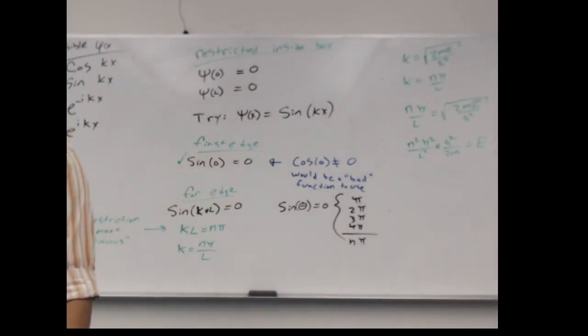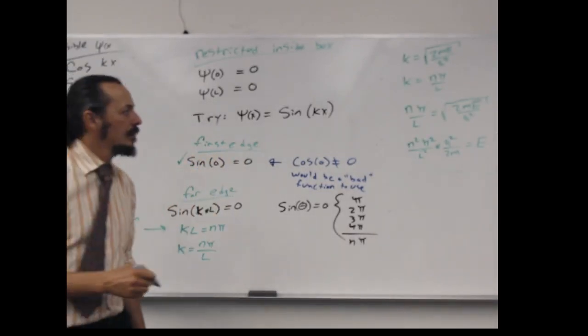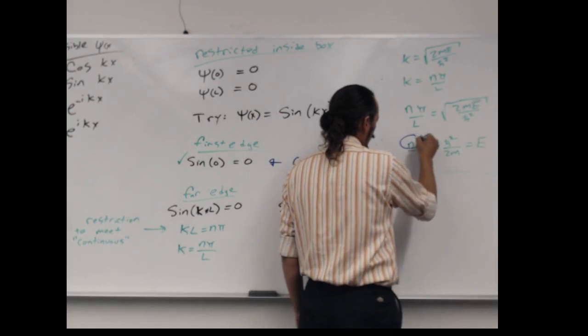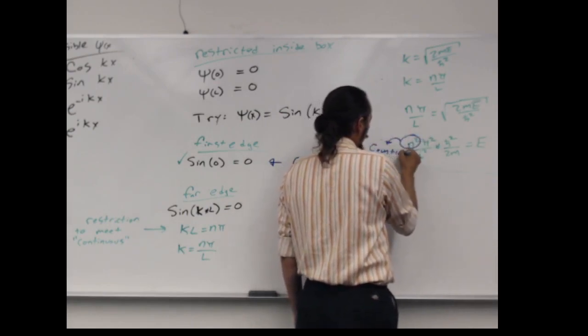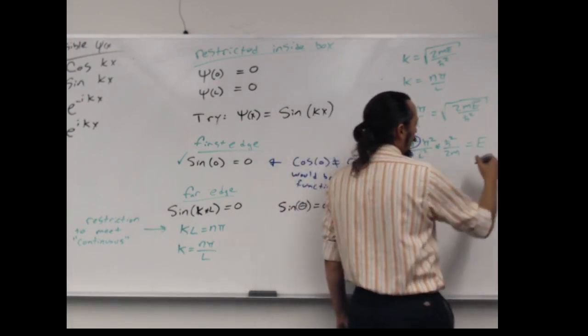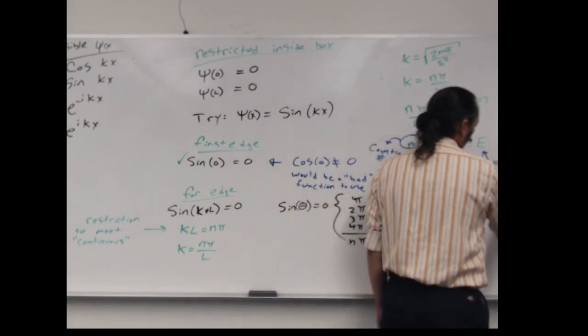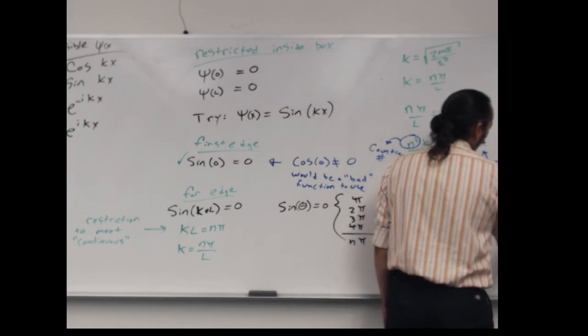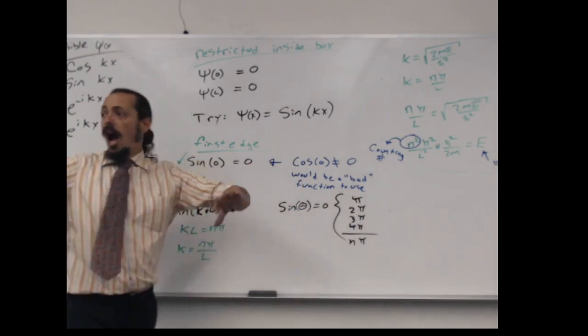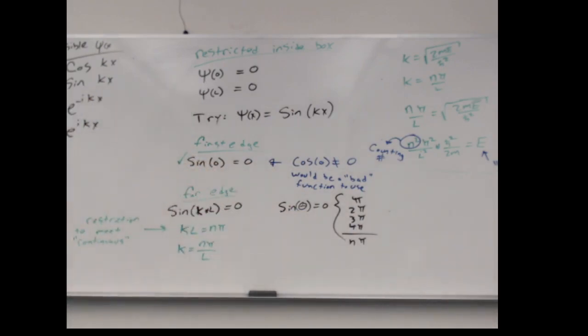Why is this so cool? Why am I so excited by this? I didn't force anything to be quantized. I didn't say I only want specific values of energy to be possible. I just said, hey, let's trap our system in a box.